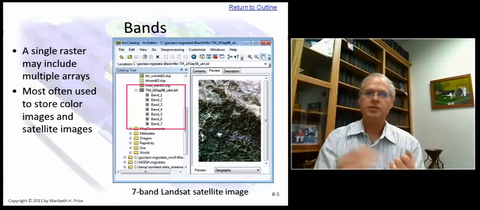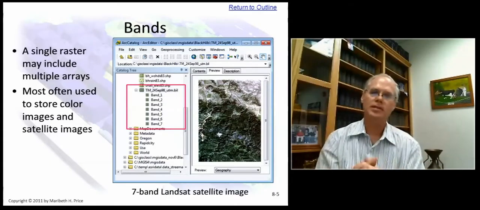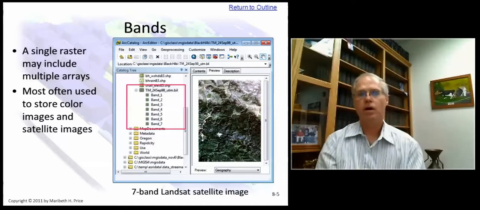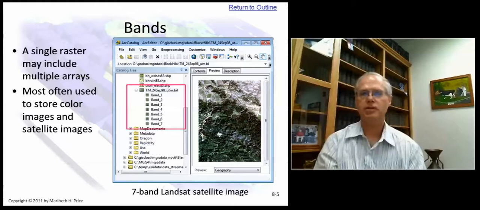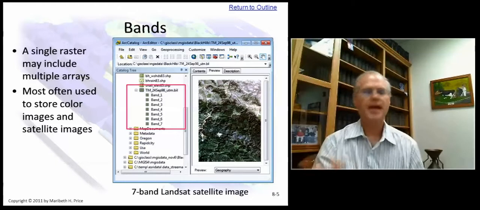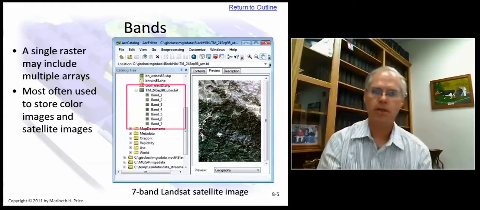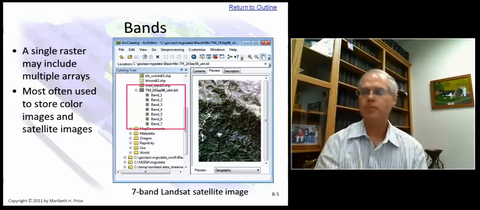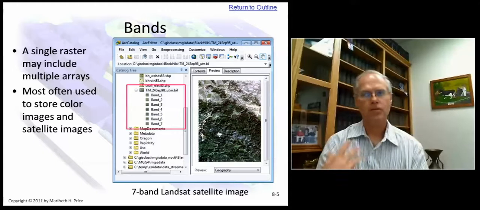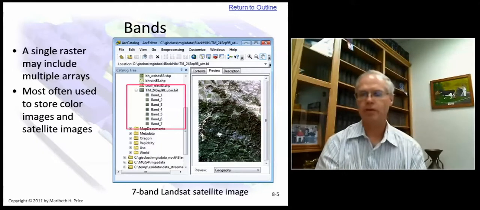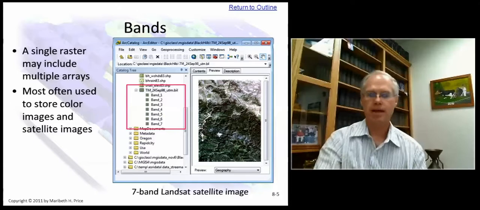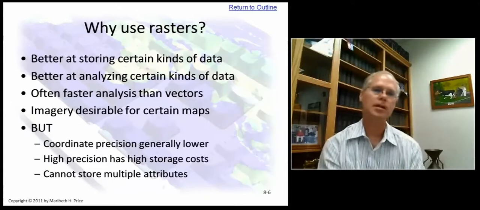Okay, so that's something to realize a little bit: when you're bringing in an image file, unless it was something that was scanned, but if it's like a Landsat or something like that, a lot of times those have separate bands for the different colors, which has some advantages for the analysis, and some confusion sometimes bringing files in. You can also scan an image in, scan a map in, bring a picture in from the internet and lay it behind there. That's an image file, but that's not going to have your 3 bands and such in it most likely.